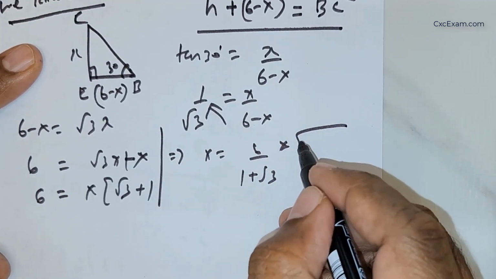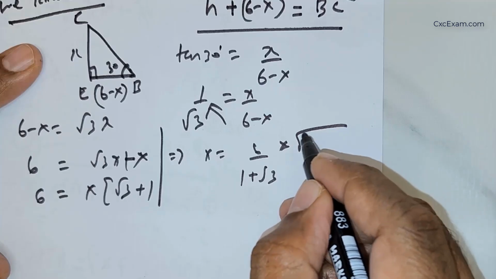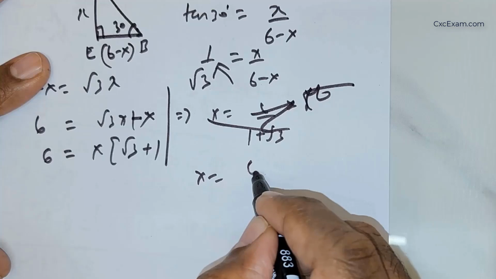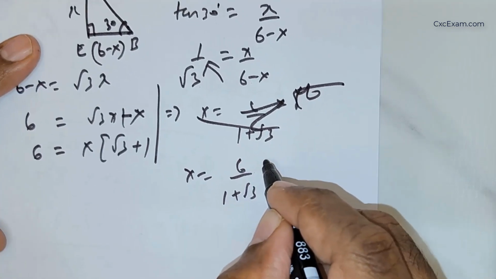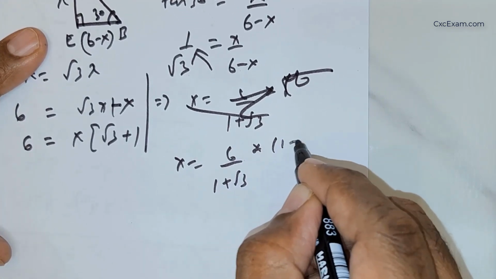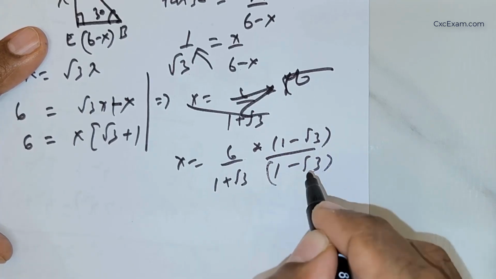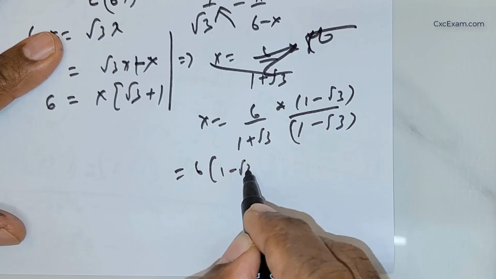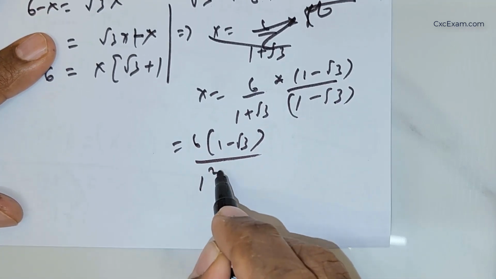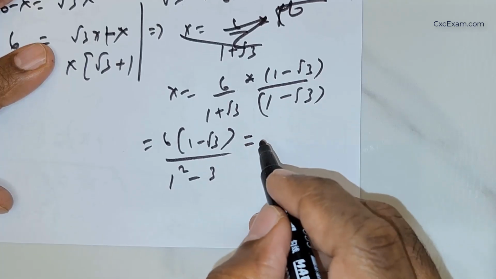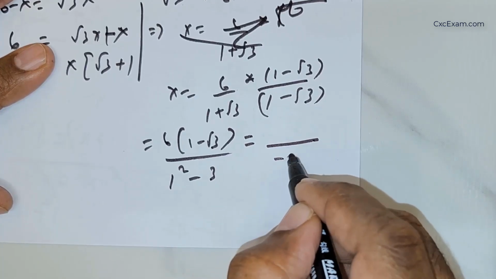You can rationalize this by multiplying with, let me write that down here, 6 over 1 plus root 3. I'm going to multiply with 1 minus root 3 and 1 minus root 3. So this is going to give me 6 times (1 minus root 3) divided by 1 squared minus 3, which is going to be negative 2.